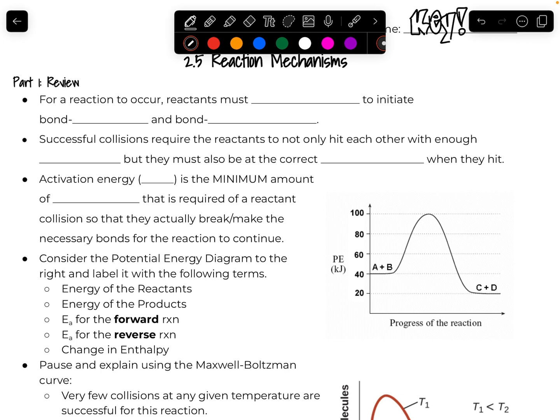Okay, so first things first, we know that if a reaction is going to occur, you gotta have your reactant particles hit each other. So they gotta collide in order to initiate this bond breaking and bond making process, right?